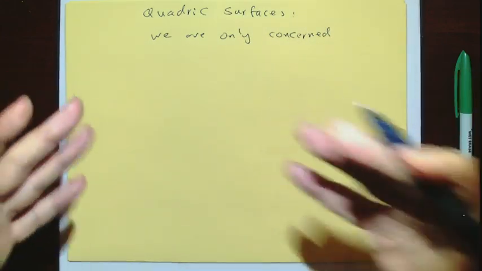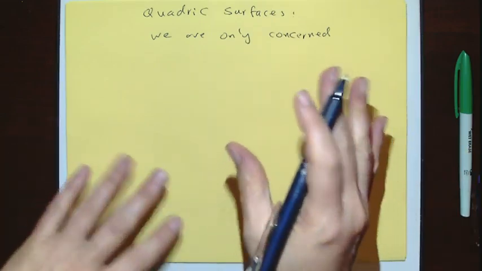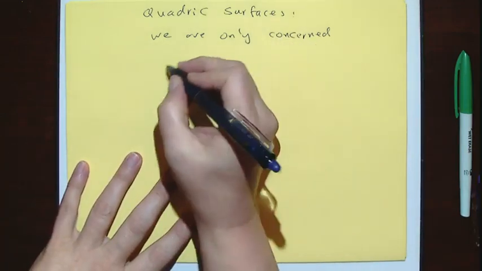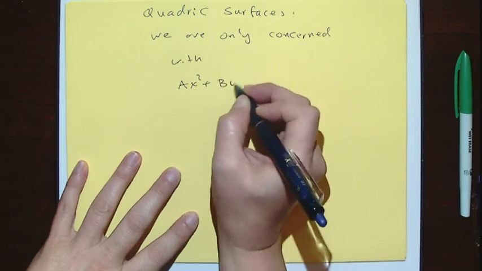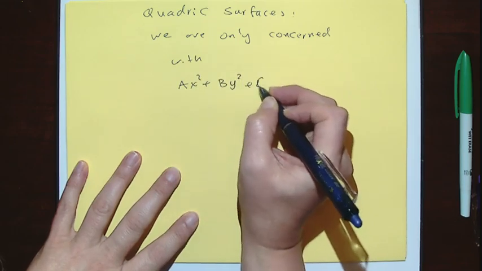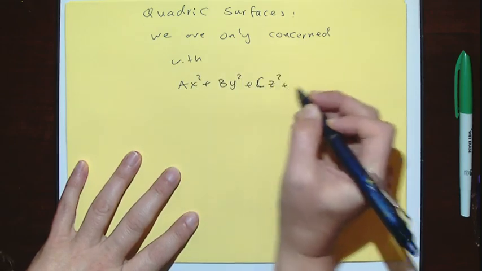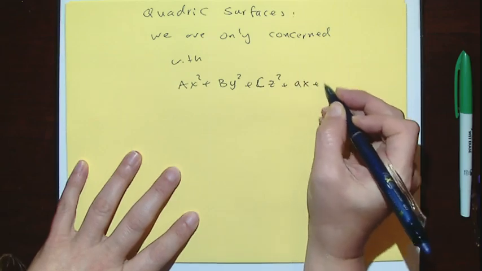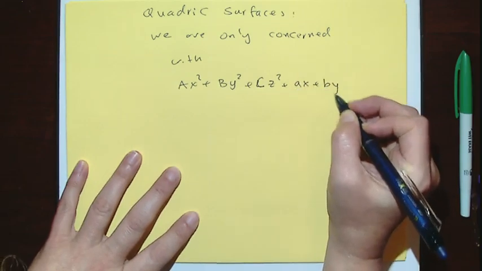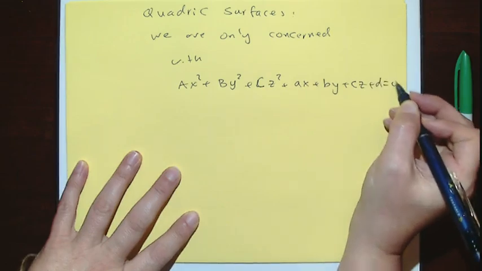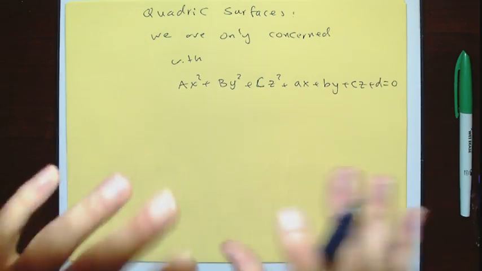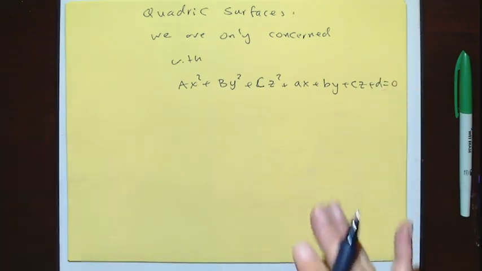We use the other ones too, but as far as the recognition goes, we are only concerned with a x squared plus b y squared plus c z squared plus lowercase a x plus lowercase b y plus lowercase c z plus lowercase d equal to 0. So that's the one that we discuss.